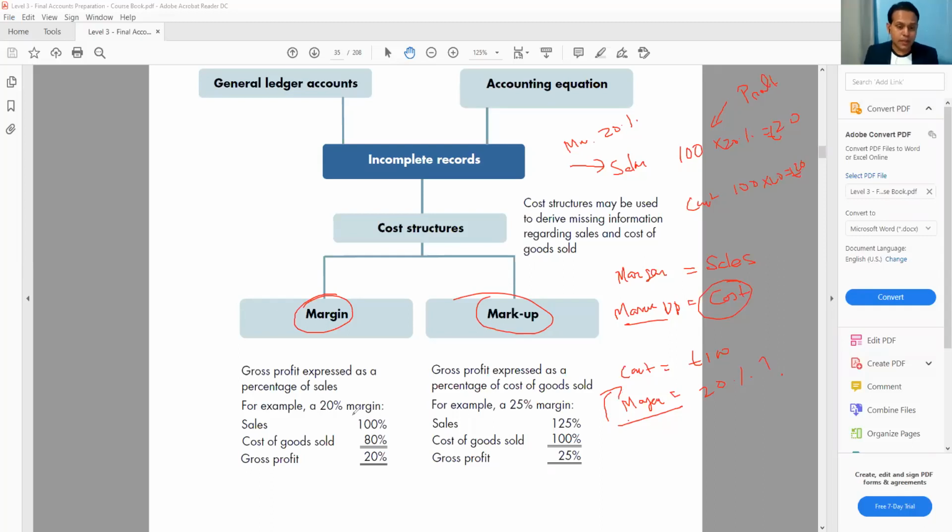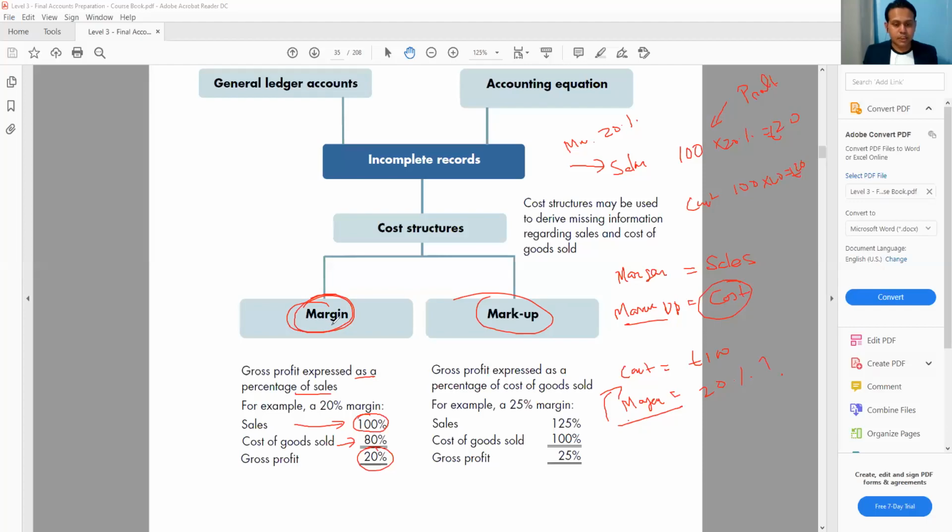All you need to remember from here, you can see on the margin it says gross profit expressed as a percentage of sales. So when I said margin, I can say sales is 100%. So sales is 100%, my cost is 80%, and the profit is 20%. So all you need to remember, when there is a margin, sales is 100%.